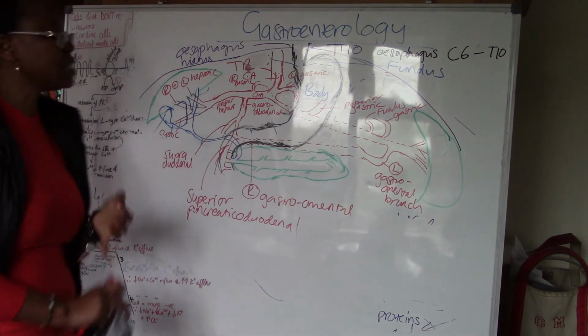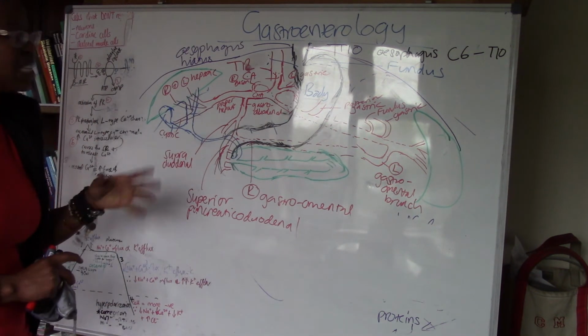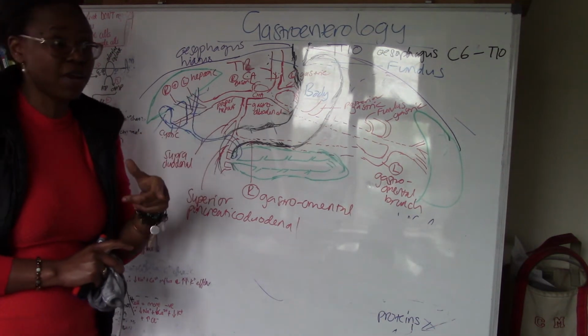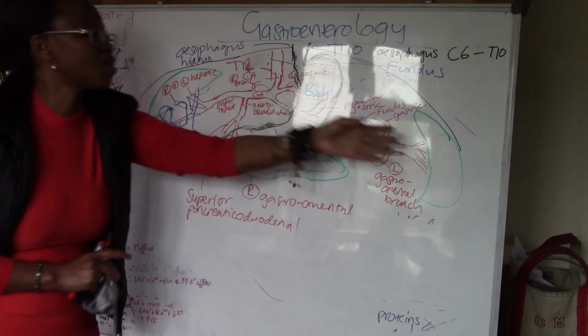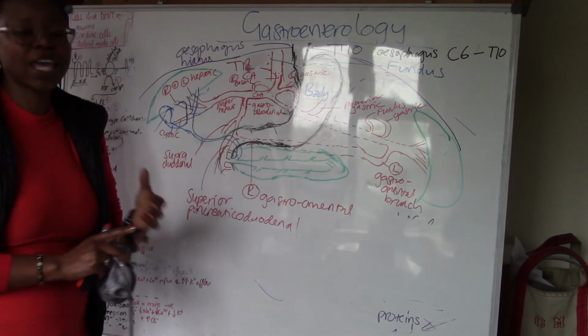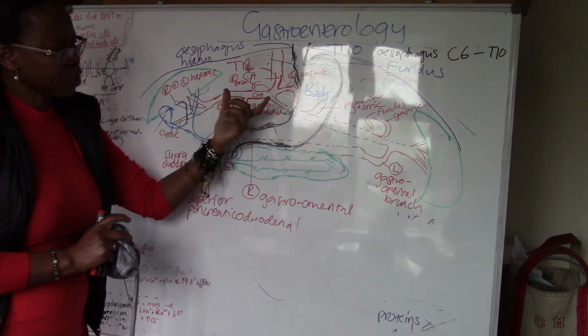From the lesser curvature we have the lesser omentum. The important thing about the lesser omentum is that it has the epiploic foramen, which I will touch on when I talk about the accessory organs and how they develop in the mesogastrium.